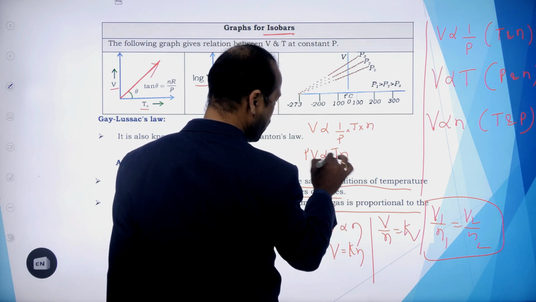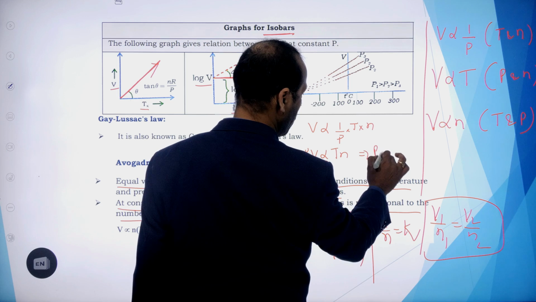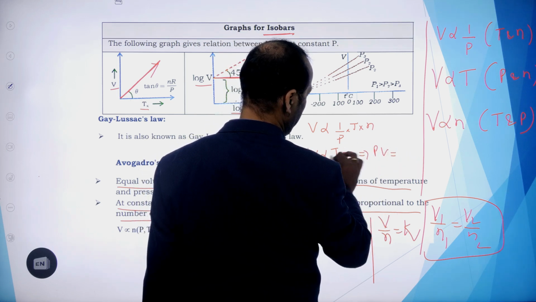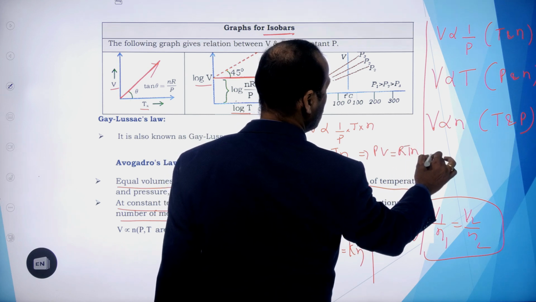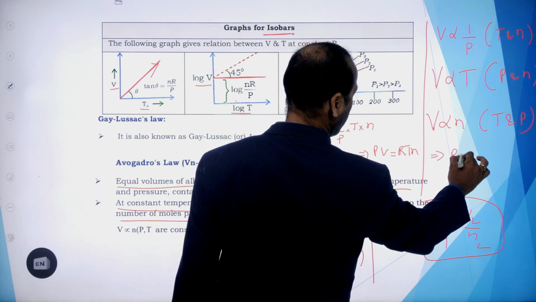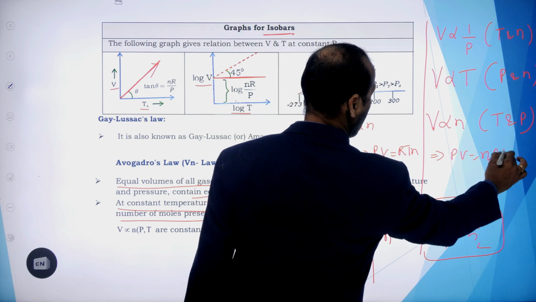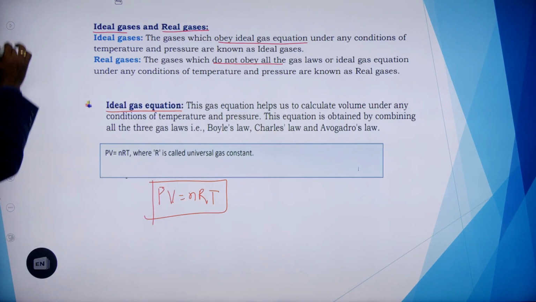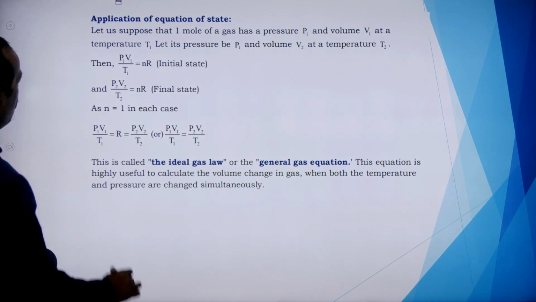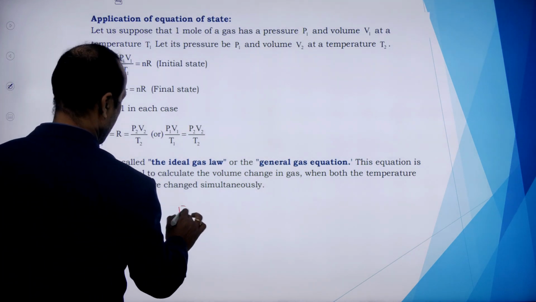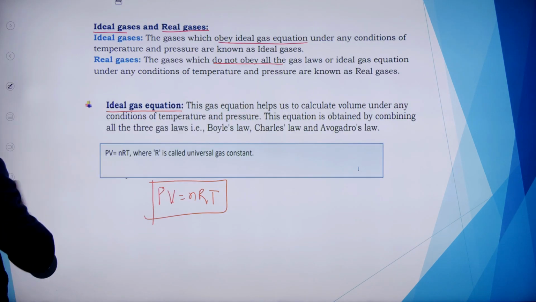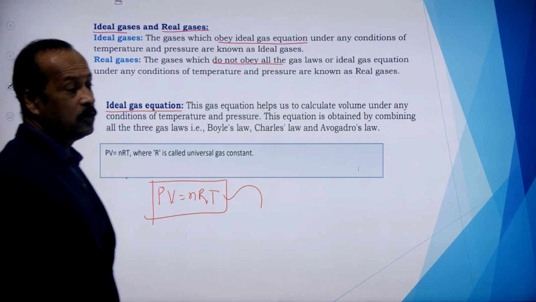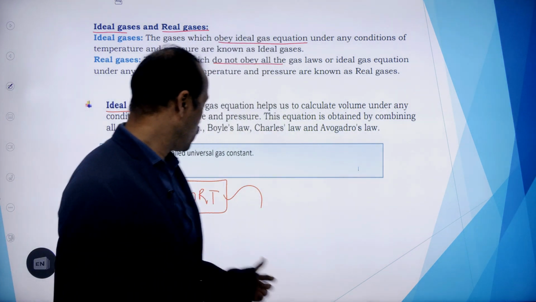If I remove the proportionality, we get one constant, so I can write PV equals, taking the constant R, R T n. In alphabetical order, if I write it, PV = nRT. So PV = nRT. Did you understand?